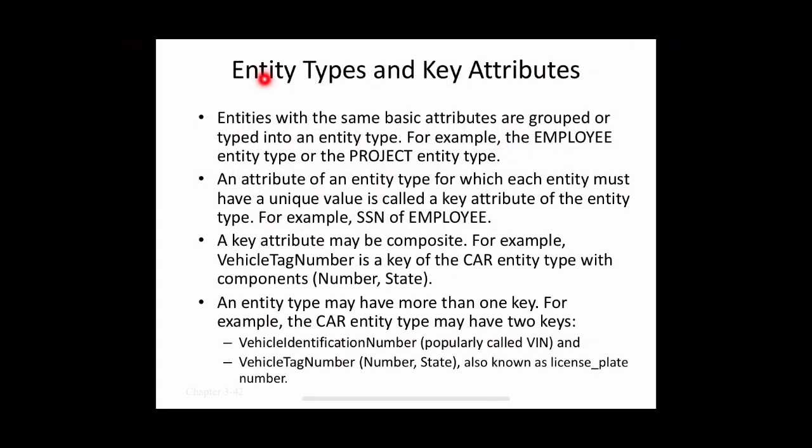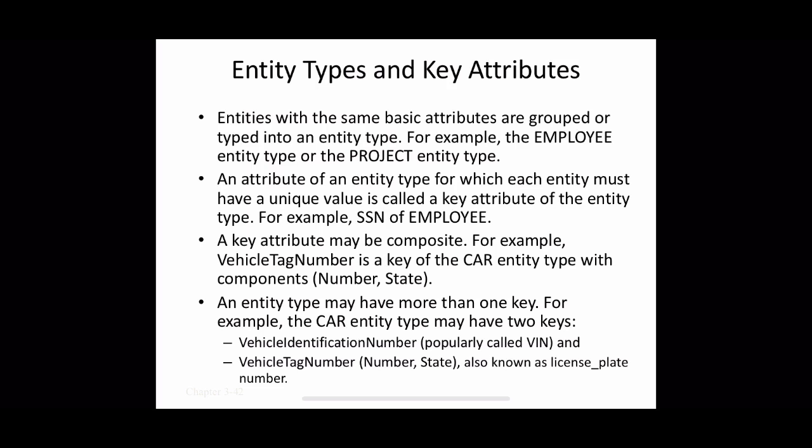Now entity types and key attributes. So entities with the same basic attributes are grouped or typed into an entity type. Just for example, employee is an entity type and John Smith is an employee. Like that, department is an entity type, and the research department is an entity.